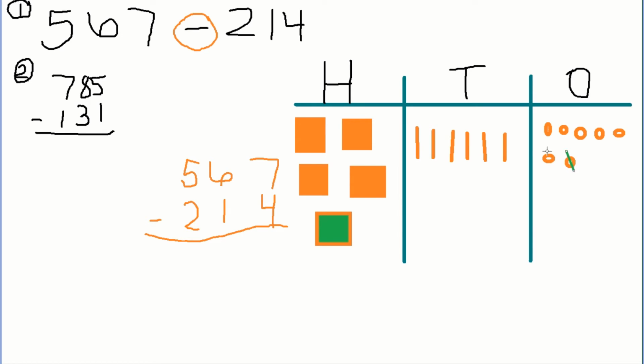So 1, 2, 3, 4. We've taken away 4. Okay. Now what? And we can just take them right on out of here too. You can, because yours is blocks, so you're going to be taking that right on out, right?